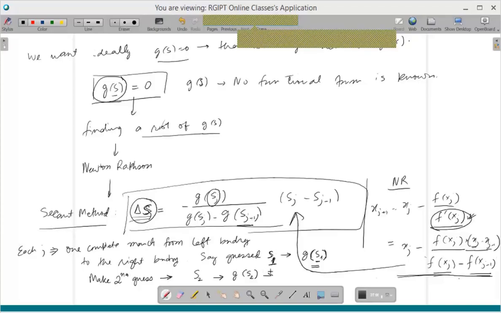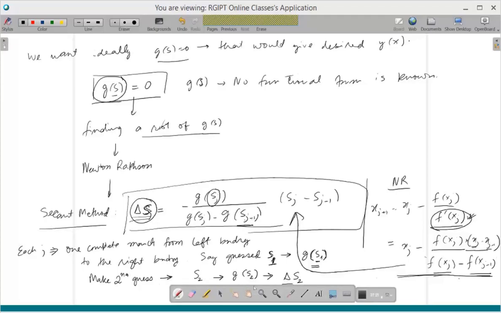So now I can take j equal to 2. G of S2 is known, G of S1 is known, S2 and S1 are known, so the right hand side is known. From here I can calculate delta S2 now. So remember, I have to make two guesses.